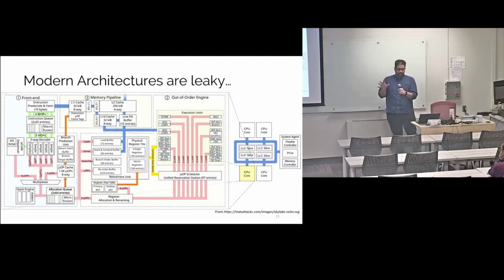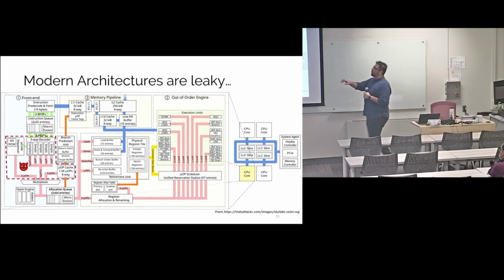Okay, so we've been talking about caches, but those are not the only things that leak. I will go through this a little quickly. A very popular attack that came out recently was through the processor front end. The idea is that decoded instructions can either be served through the micro-op cache, which is very quick, or go through a long latency pipeline.